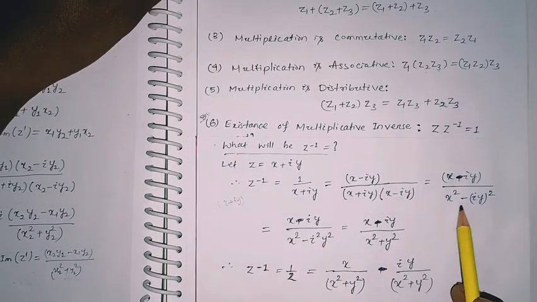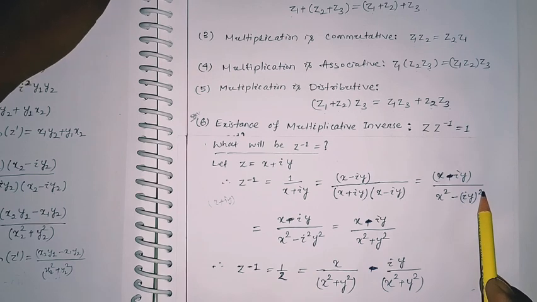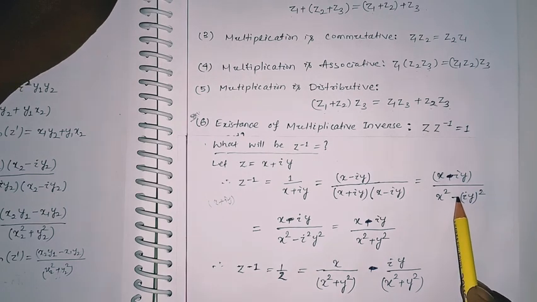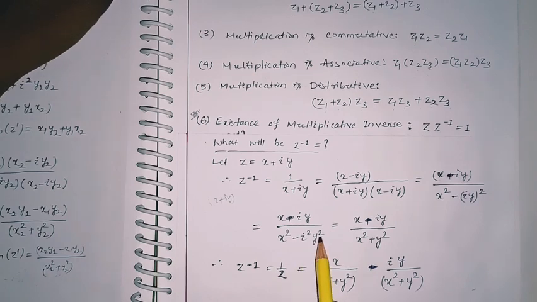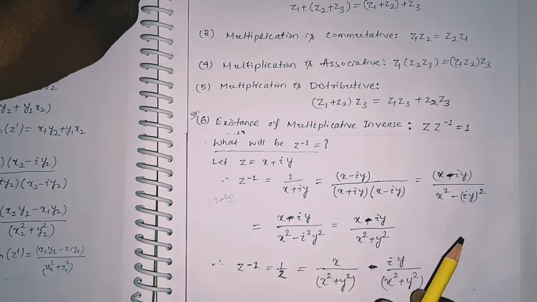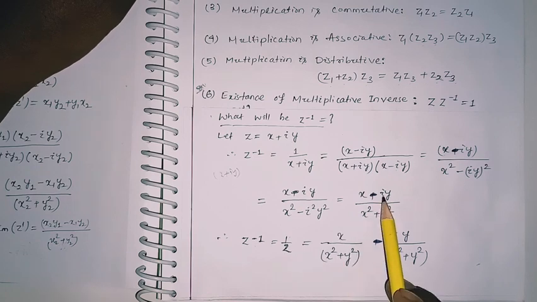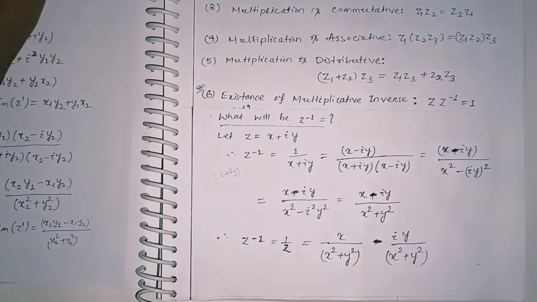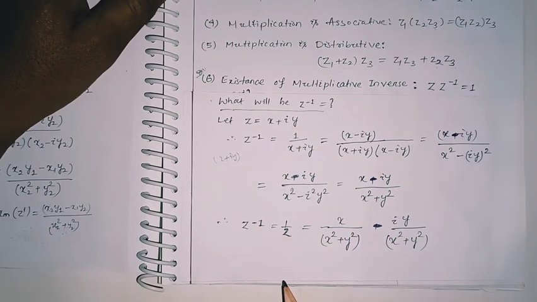I square is minus 1, so the denominator will be x square plus y square. So z inverse, that is 1 by z, will be x by x square plus y square minus iy by x square plus y square. This is called the multiplicative inverse of z.